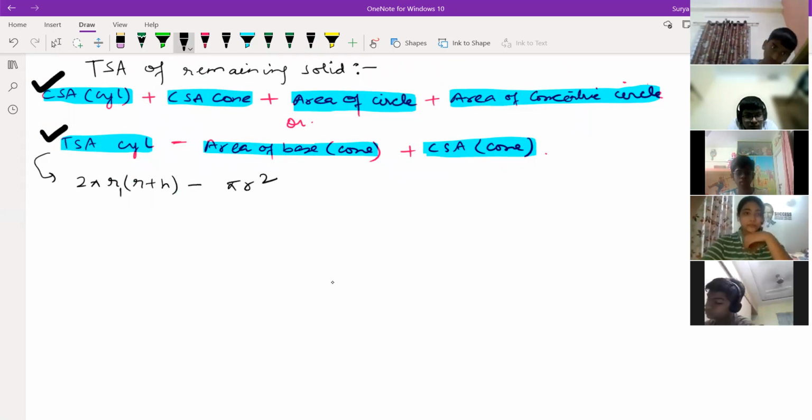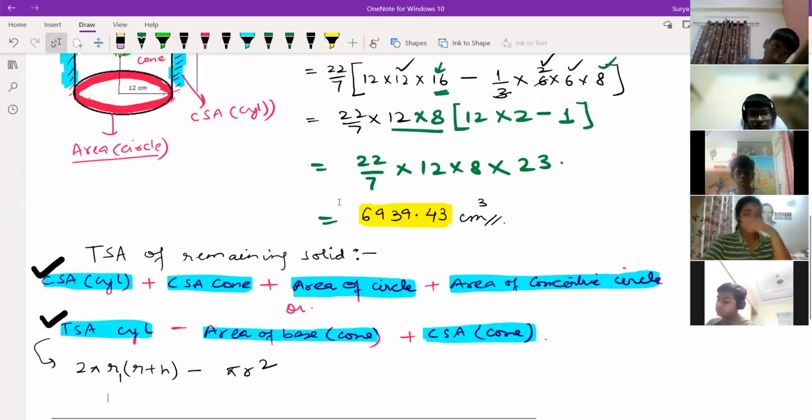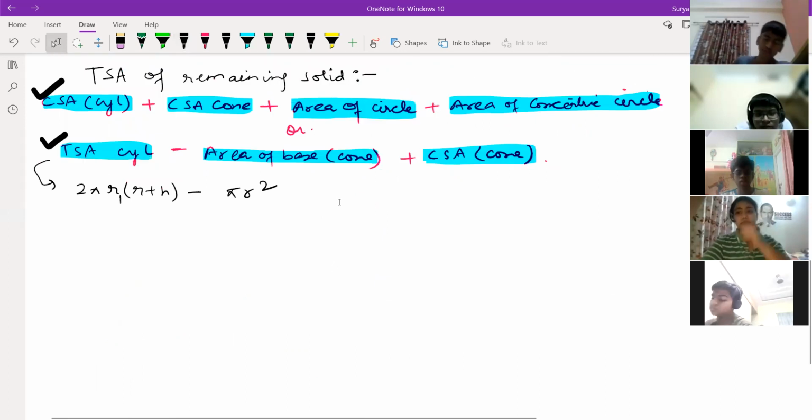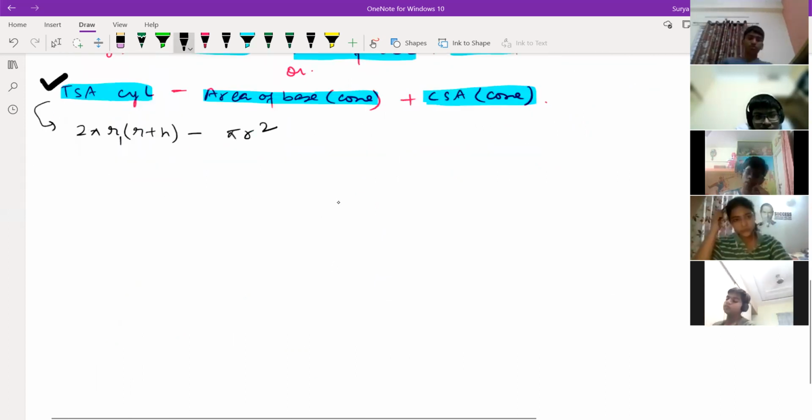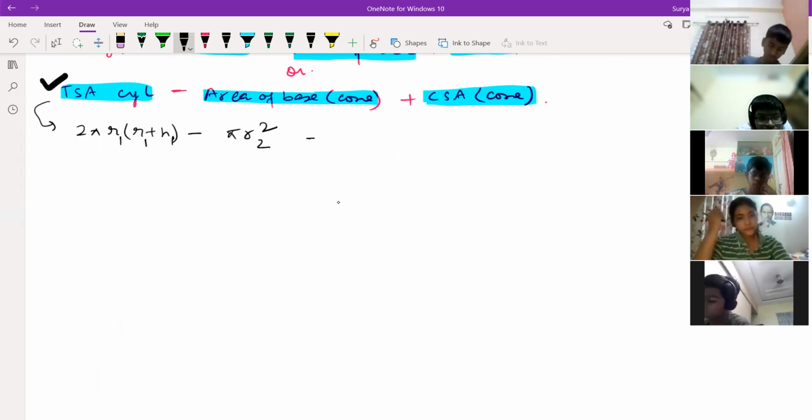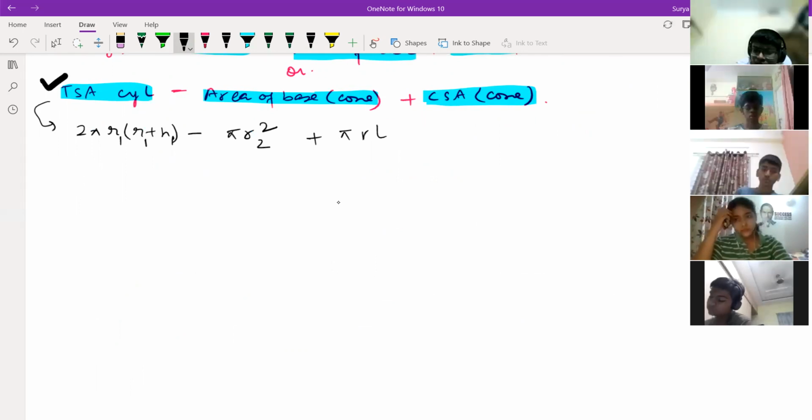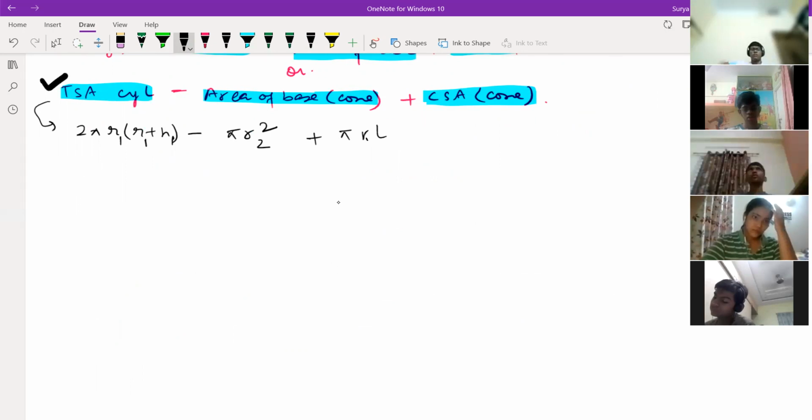I'm thinking of the cylinder as R1, H1, and cone we are writing R2, plus CSA of cone, that is pi R L. The cone is your R2 over here, so pi R2 into L.